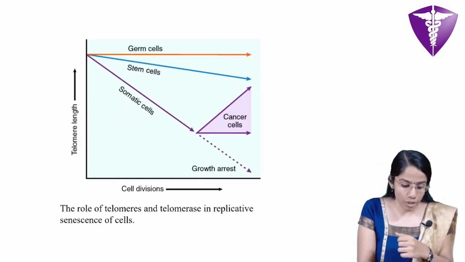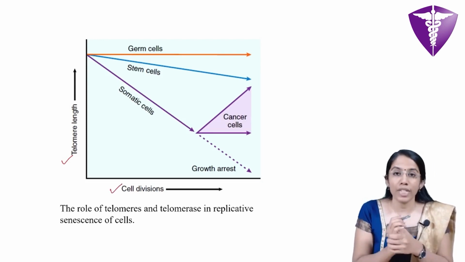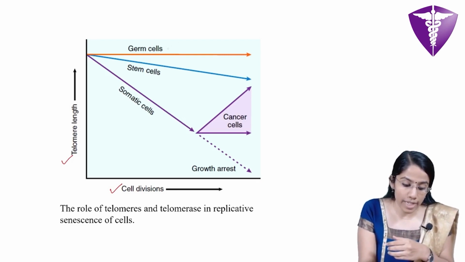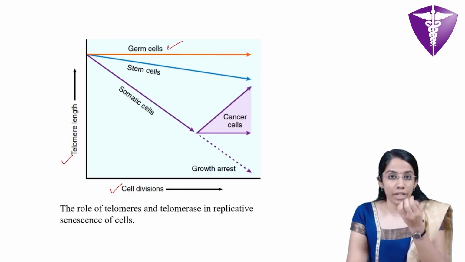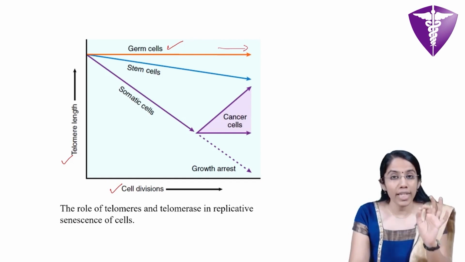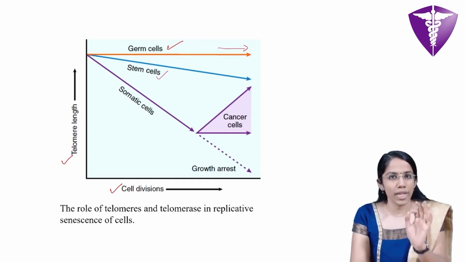This diagram shows telomere length plotted against the number of cell divisions. Here, as we said, in germ cells, there is occurrence of the telomerase enzyme. The telomerase activity is present, as a result of which the telomere length is maintained. And in stem cells also, to some extent, the telomerase activity is present, and that's why they also maintain their length to some extent.